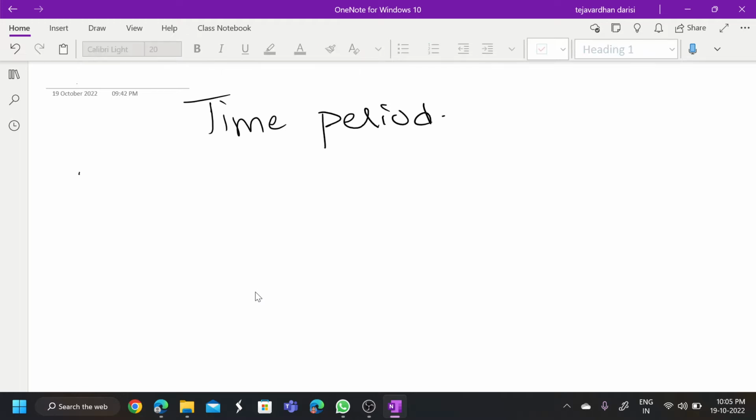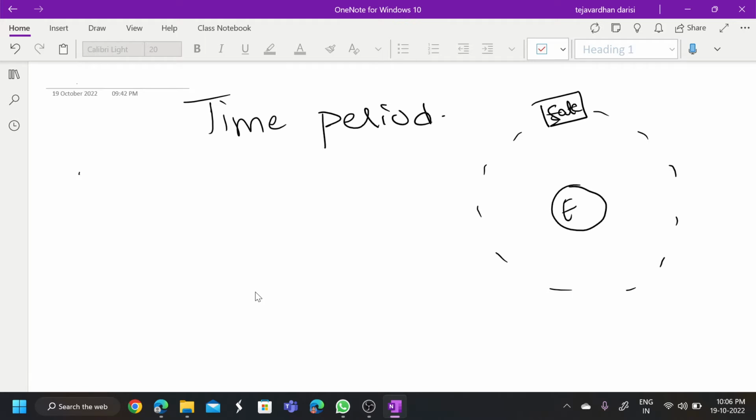Here normally we call it the time period. What is the time period? If the earth is there, then we consider one orbit, whichever orbit it is, a lower earth orbit or an upper level orbit, any level orbit. Consider one satellite there.